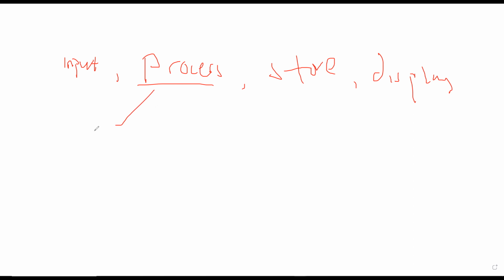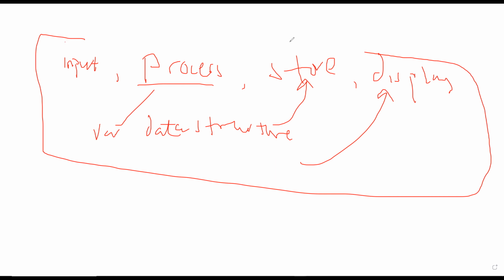You are creating many variables of different data structures to process the input. Then after that, you display the output. The one that you need to store, you will store it for later use. That is the summary of what computer is doing and hence what programmers are doing.